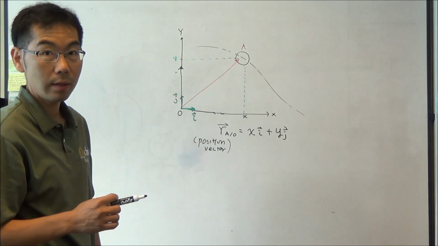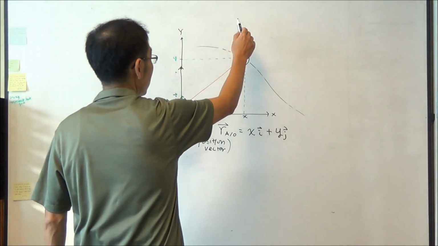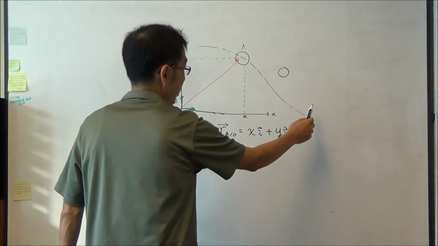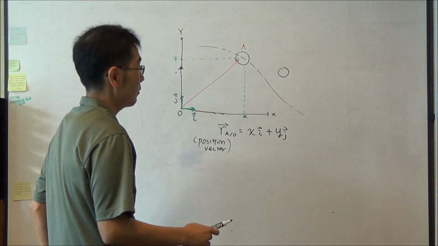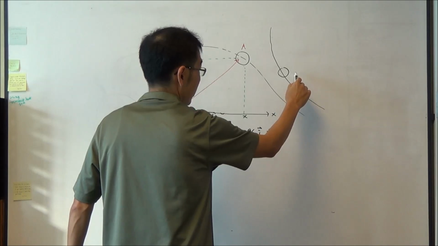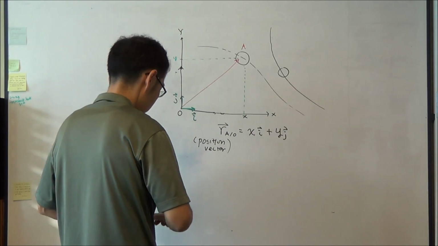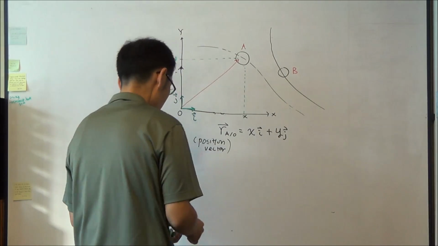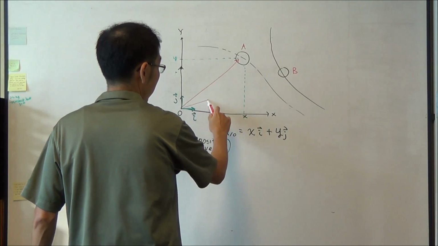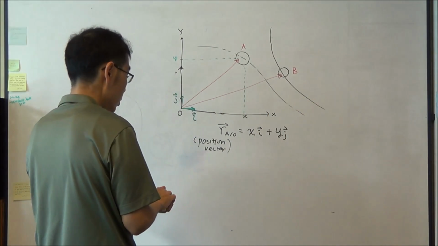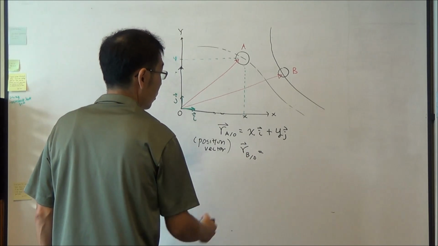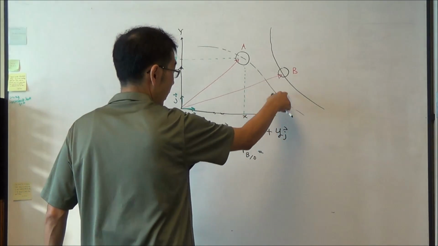Then let's expand our ideas a little bit and add one more object. We have another object here that moves along a different curved path. Let's say this is B. We can also make its position vector, R of B with respect to O, which has a certain x and certain y.